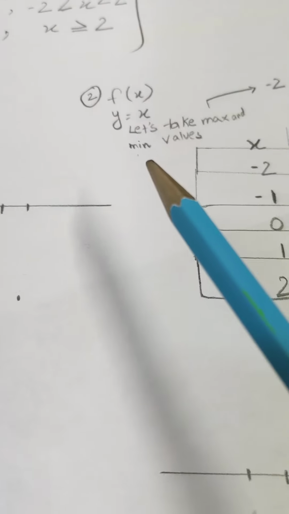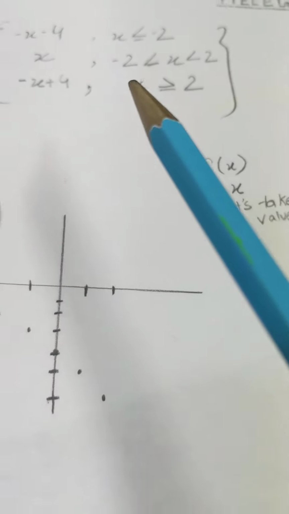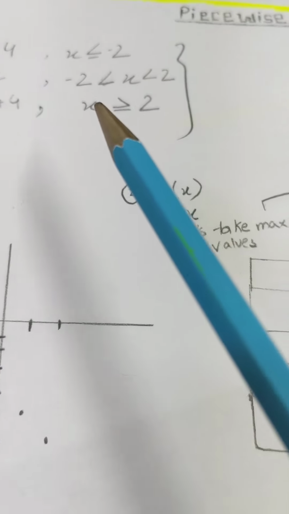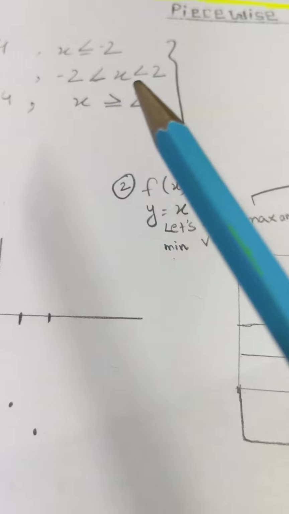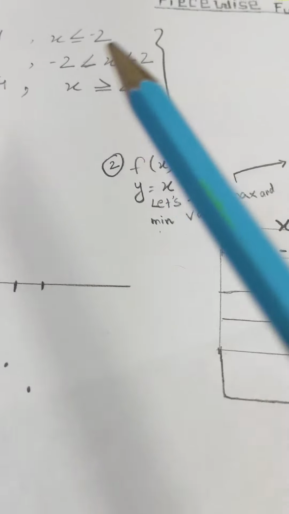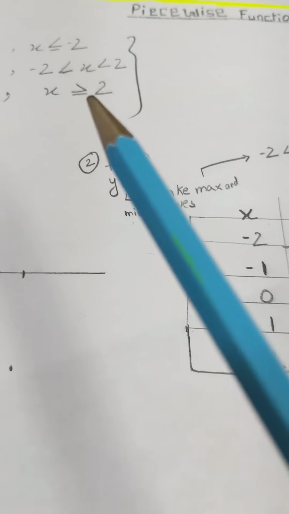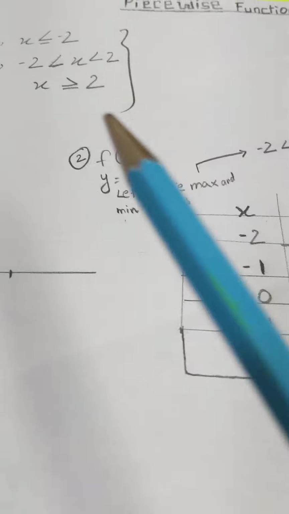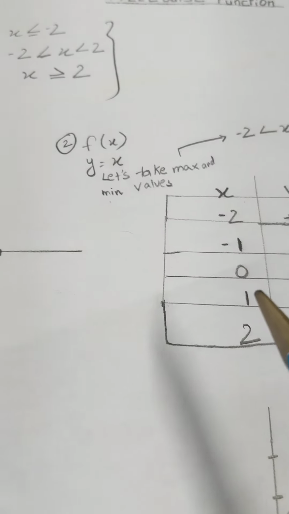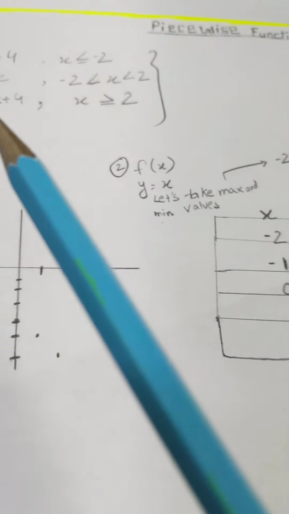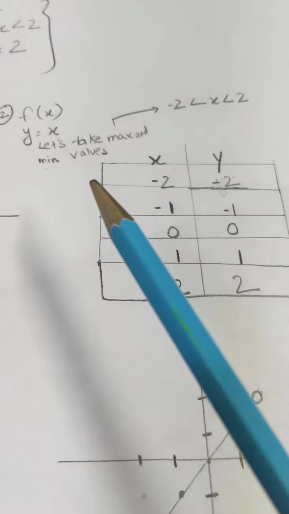And for the second one, it is only x. So here we have to follow the restrictions too. It says it only holds when the x value is greater than negative 2 but less than 2. There is no equality sign there, so there will be a hole there. The max values are negative 2 and 2, but there is no equality, so there will be a hole there. So we use negative 2, negative 1, 0, 1, and 2, and we put them in the equation. What we put in for x, we get the same y, because both are equal here.